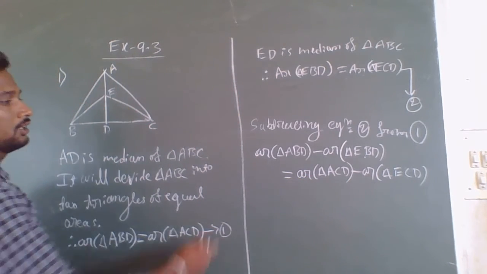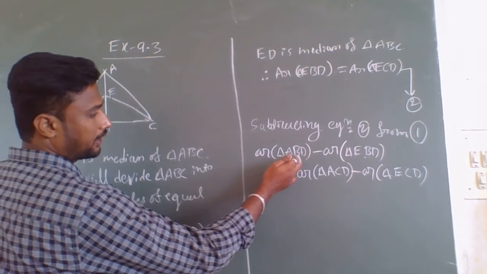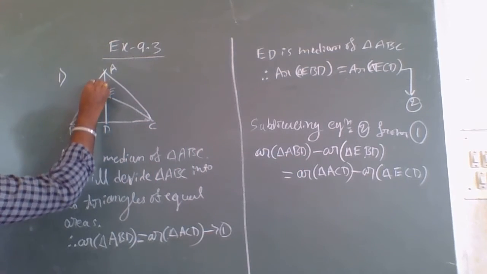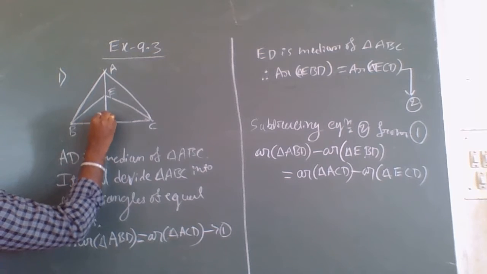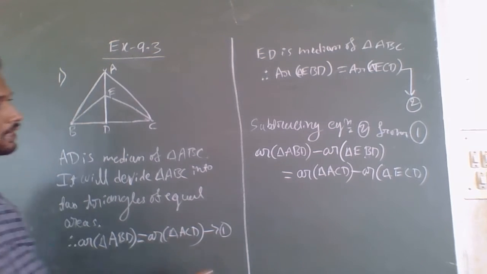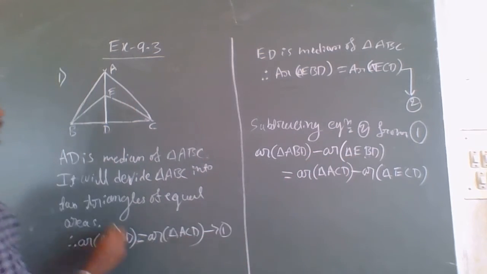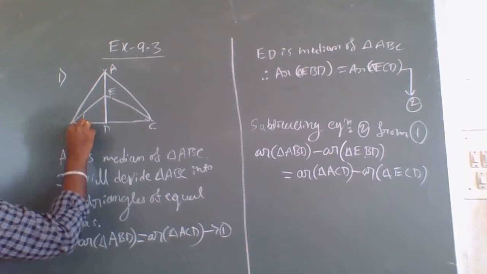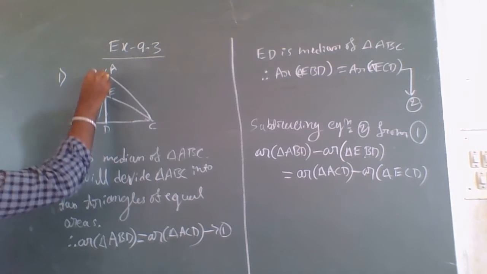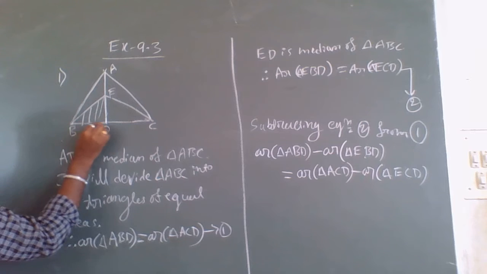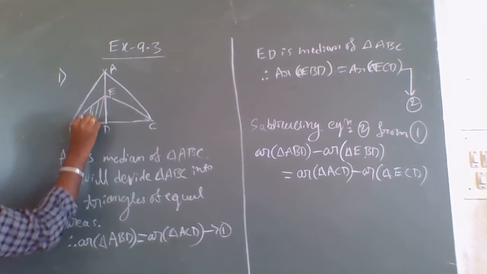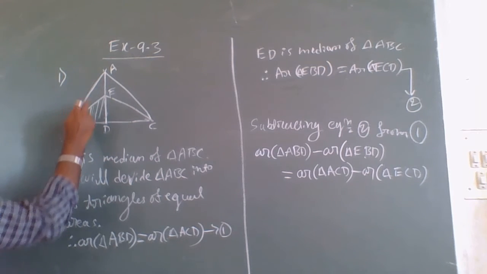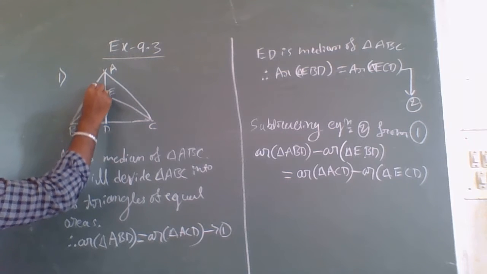In the diagram, area of triangle ABD means this part, minus area of EBD means this part. What is remaining? This part.